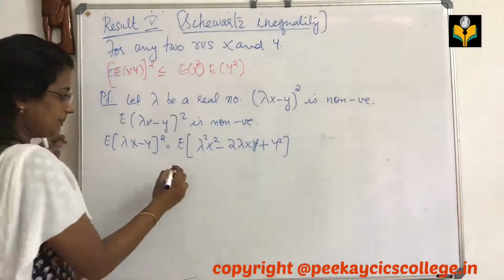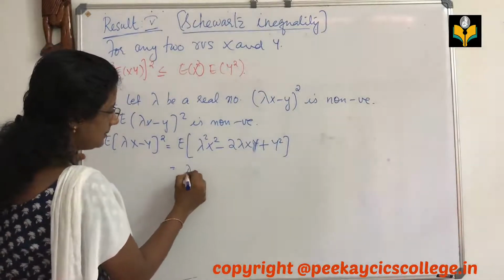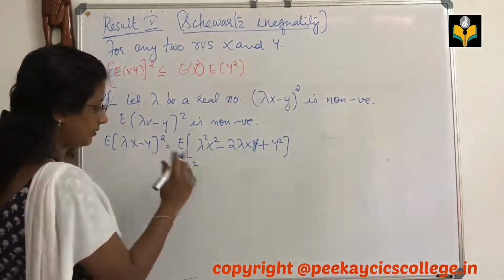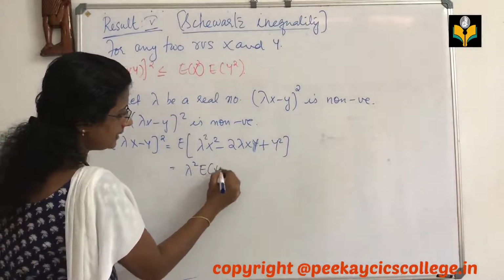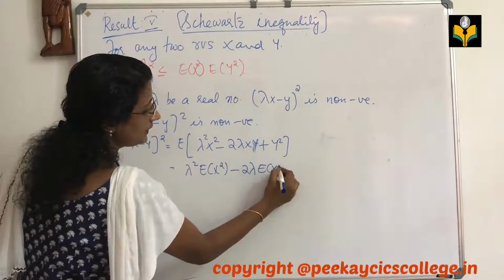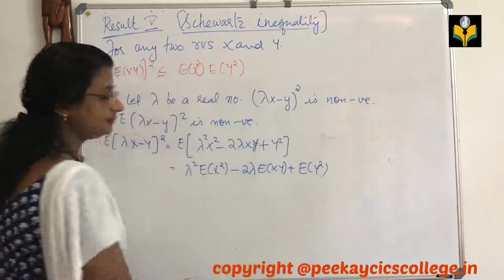Expectation can be taken inside. That is lambda square, lambda is a constant, so expectation of a constant is constant. We have already learned that. Lambda square into expectation of x square minus 2 lambda into expectation of xy plus expectation of y square.